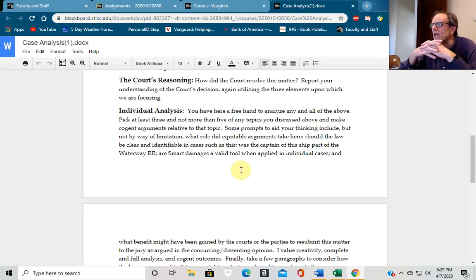Smart damage is a valid tool when applied in individual cases. If you're going to award punitive damages to somebody, why do they get a windfall? It's one of the problems with punitive damages, and it may be something we can't resolve. But why does this guy, the fruit grower down in Cape Girardeau, get a $40 million award against Monsanto, and it may have been 80 million?